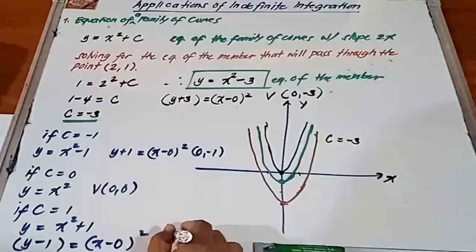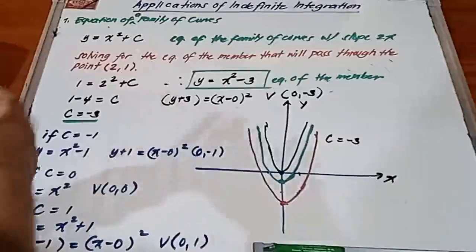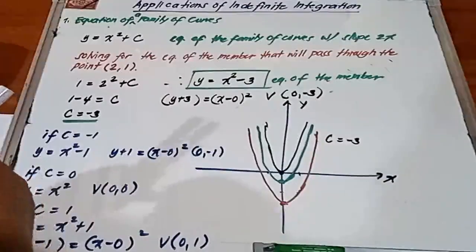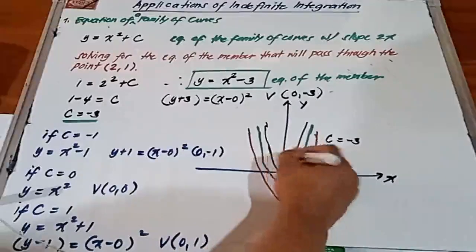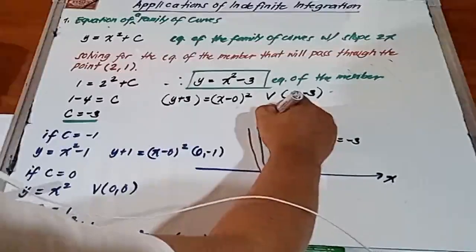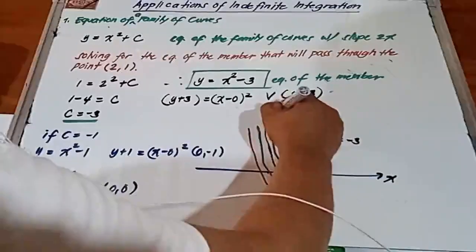So, ang vertex naman nito located sa (0, 1). Okay? So, ang equivalent graph naman niya, papaganito. Ano bang gamitin ko? Kulay blue. Asa 1 naman tatama. Okay?